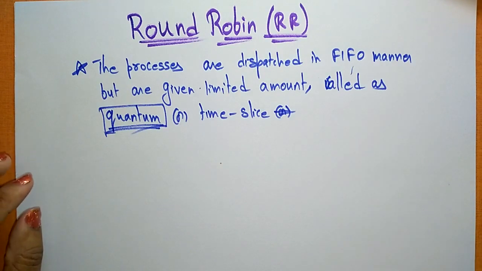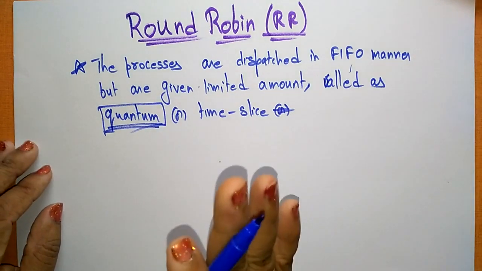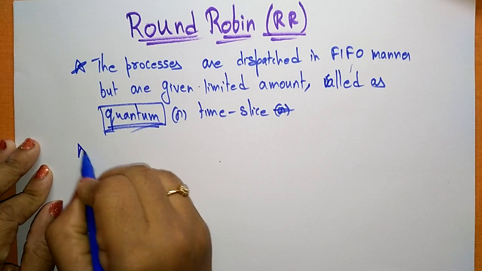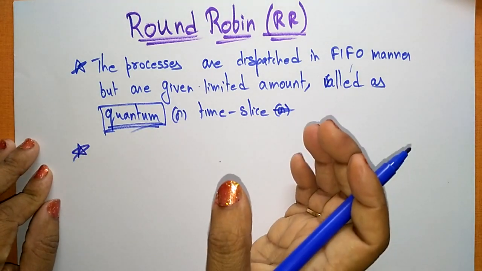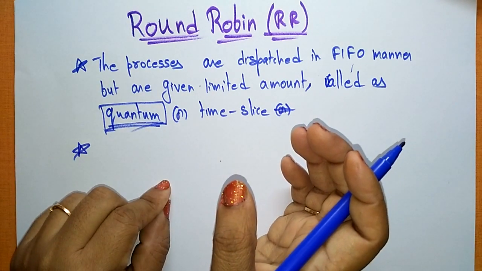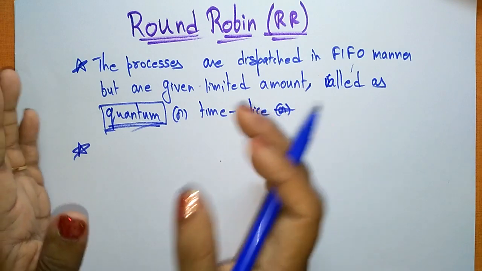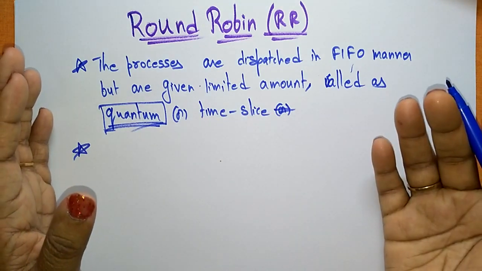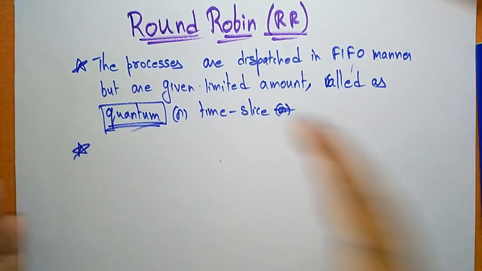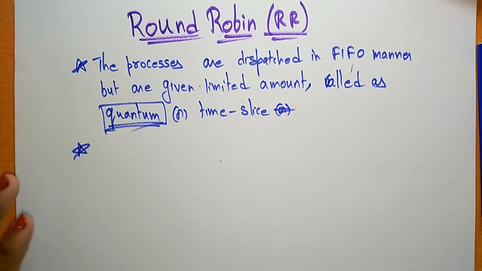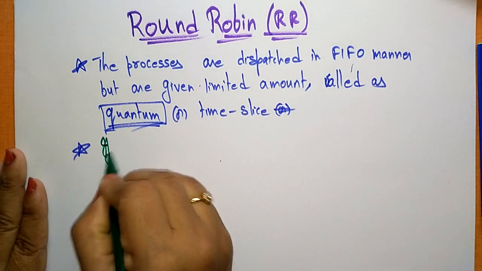If a process does not complete before its CPU time expires, the CPU is preempted and given to the next process waiting in the queue. Let me write that point, then you'll understand.